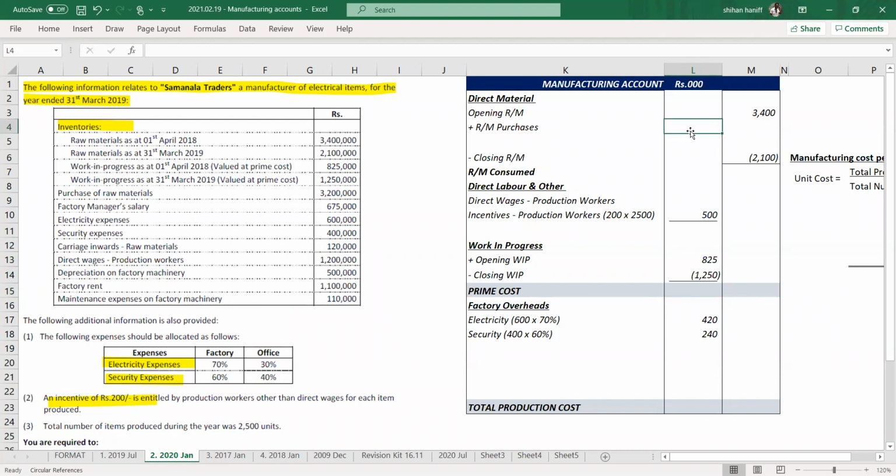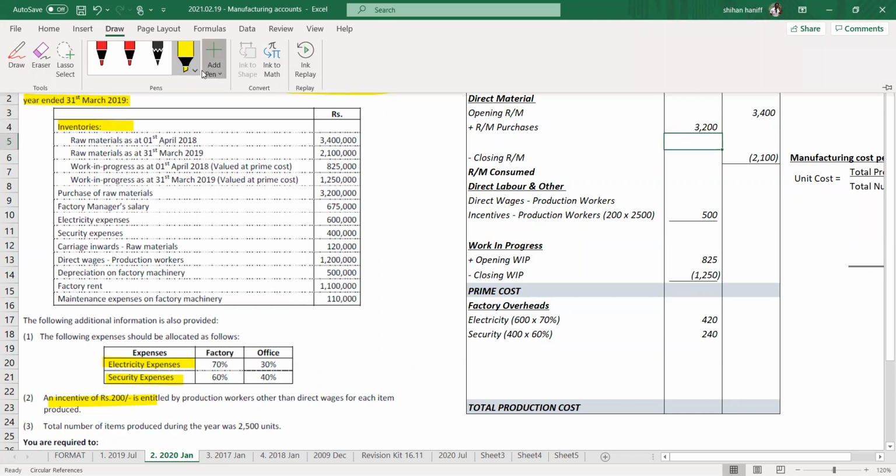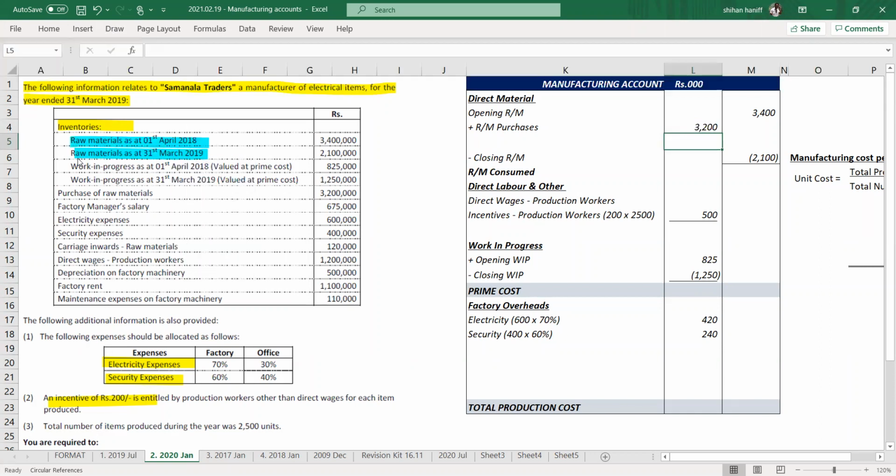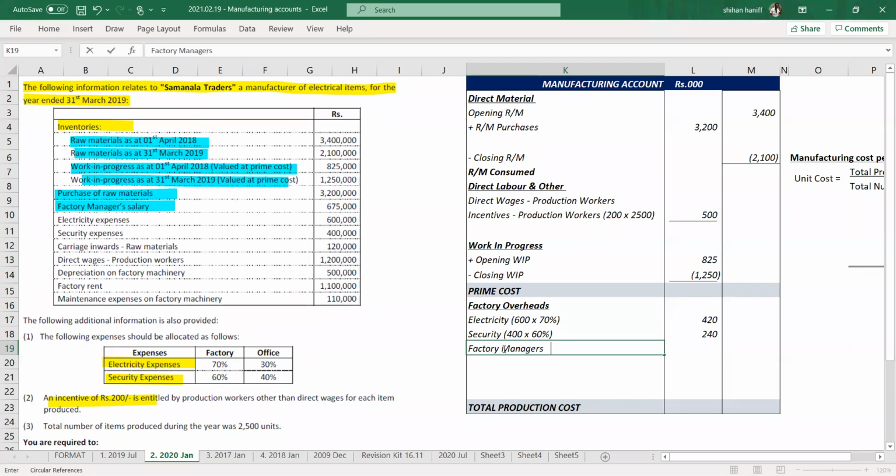Purchase of raw material 3,200. This raw material. Work in progress. Purchase of raw material. Factory manager salary. Factory overhead, 675.